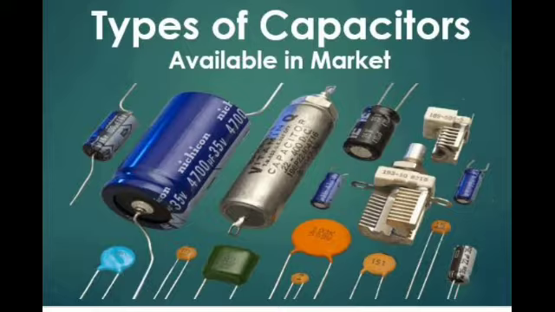The capacitance C of a capacitor is defined as the ratio of the magnitude of charge on either of the conductor plates to the potential difference existing between the conductors. So capacitance C is equal to Q by V.